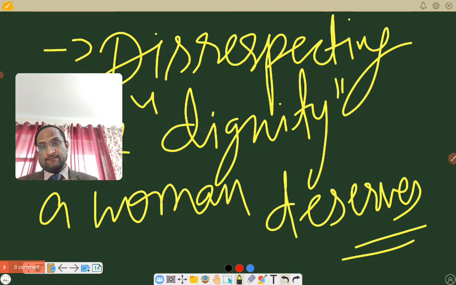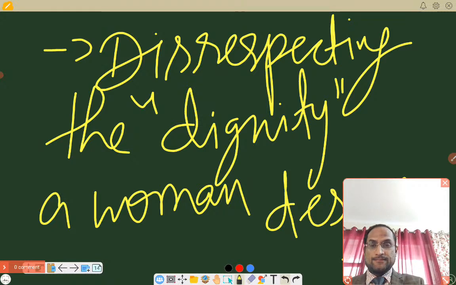So in that situation, the poor soul requires somebody's help to bring her out of this messy situation which she is unable to report to the authorities, and you have chosen to ignore it despite you knowing the fact. So it's a disservice to the dignity of woman. Either you are a woman or a man, it doesn't matter. You should respect the dignity of the woman.